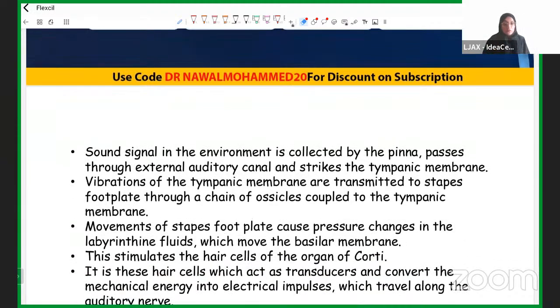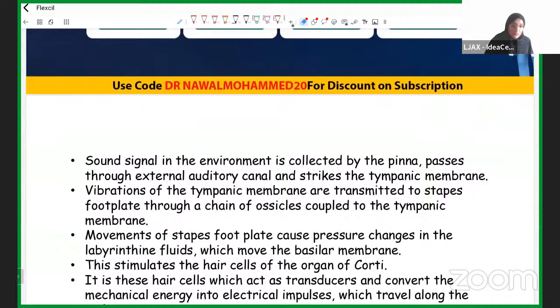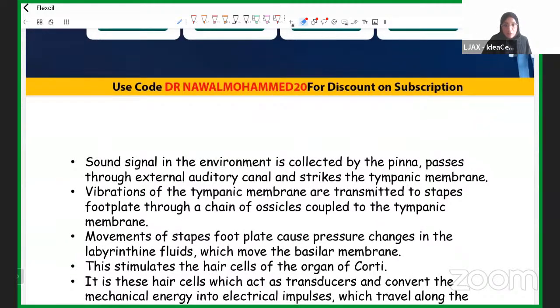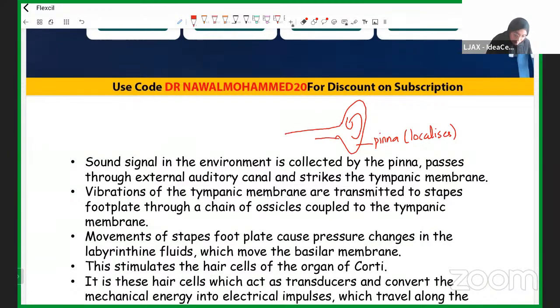Okay, now coming to the physiology of the ear. The sound signal in the environment is collected by the pinna. So let's start. I'll draw a structure of the ear here. Let's assume this is your pinna. The sound is collected by the pinna, which localizes the sound, and it passes through the external auditory meatus.